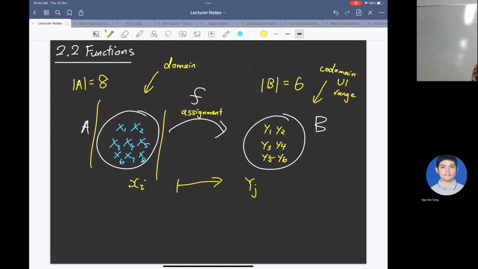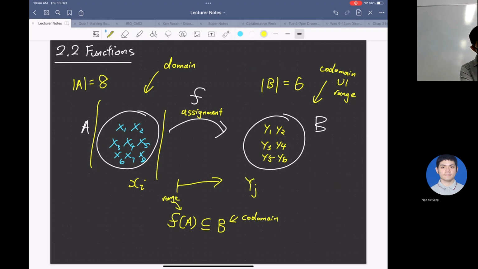The relation between range and codomain is a subset relation. So this is the codomain. This is the relation.